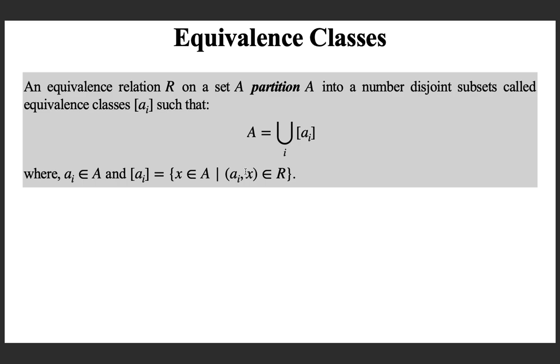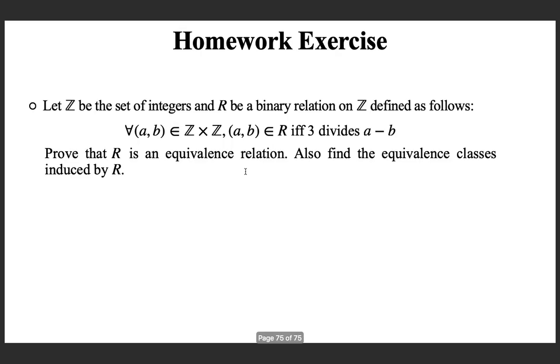And with this we are coming to the last part of the lecture, where I am giving you an exercise problem for you to practice and understand how you can verify whether a given relation is an equivalence relation, and also if it is an equivalence relation, how you can find equivalence classes.